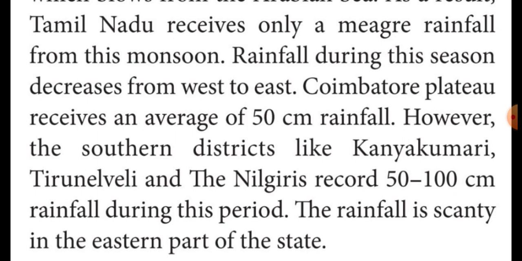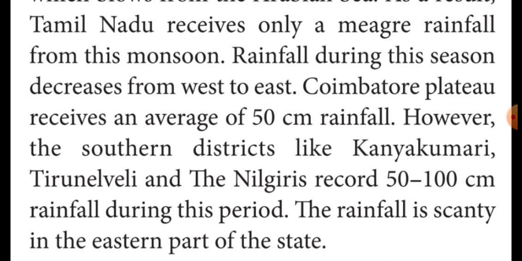During this period, we get very less rainfall. Coimbatore Plateau receives an average of 50 centimeters of rainfall. The southern districts like Kanyakumari, Tirunelveli and Nilgiris get 50 to 100 centimeters of rainfall. Some eastern parts get very low rainfall during this period.